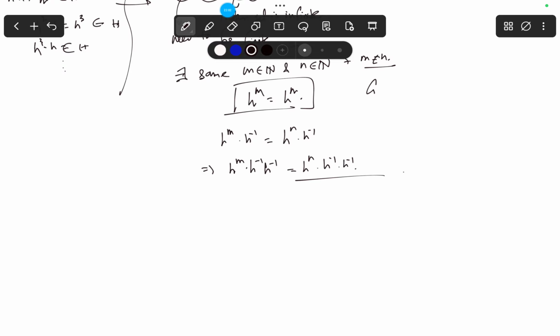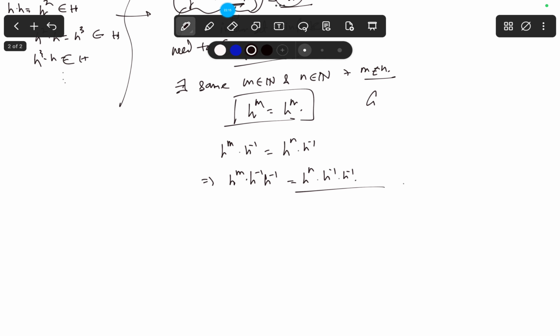So if I try to reduce the power on the left side, the power on the right side also gets reduced. But how long will this go on? Note that we have assumed that m is not the same as n. That means either m is strictly larger than n or m is strictly less than n.